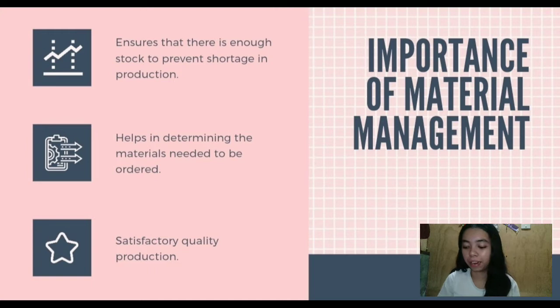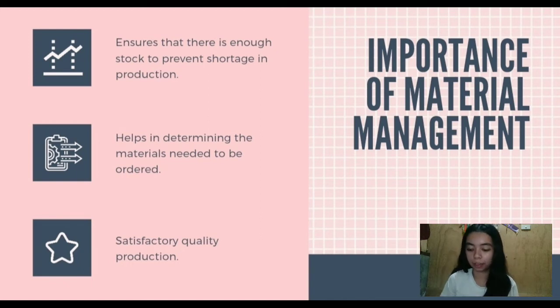With poor material management, production will have insufficient stock of the materials needed for a product that they want to manufacture. So, workers will be affected. Because of that, there are delays due to insufficient materials. Therefore, material management is very important for the company to operate continuously without delays and insufficiency.